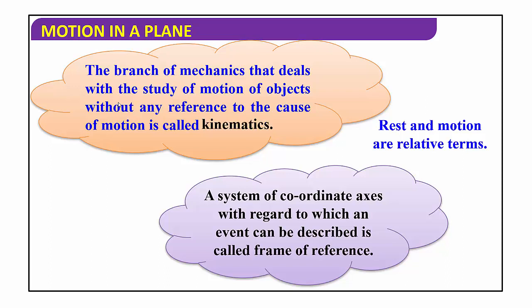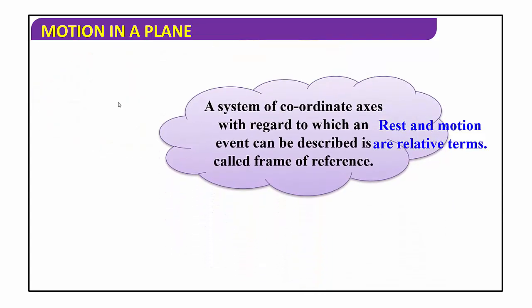Because it is changing its position with respect to the bridge, the river or the road. So we have to consider a frame of reference. How to define a frame of reference? Observe here: a system of coordinate axes with regard to which an event is described. We describe the motion of the object with respect to coordinate axes. We call it a frame of reference, right?